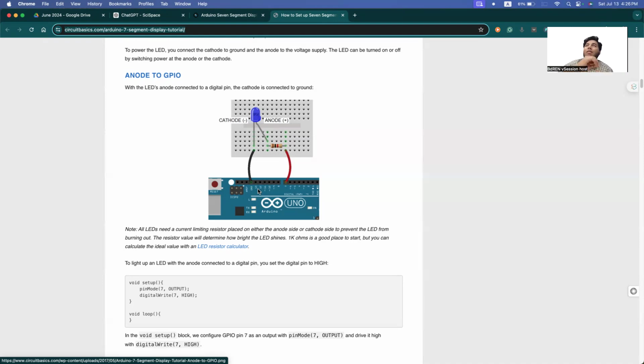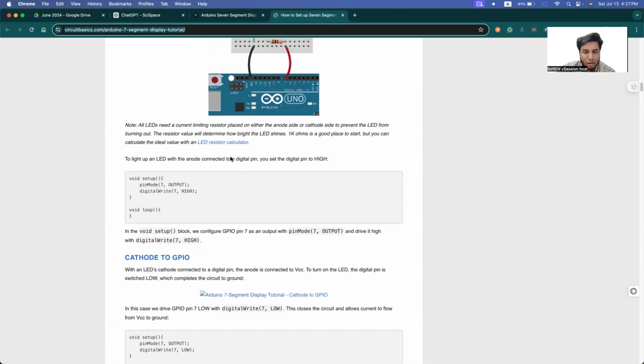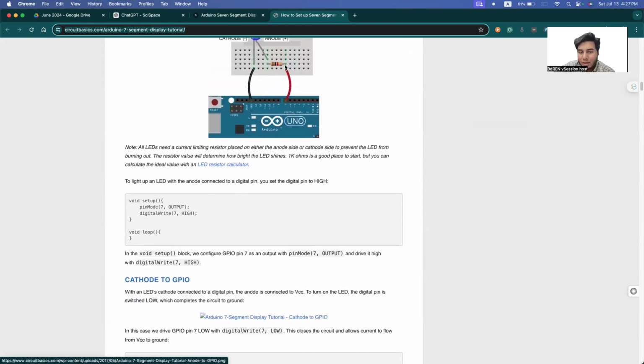How this calculator works is a basic phenomenon that you have learned with Ohm's law: V equals I times R. You have to set the value of R according to the voltage and current the LED consumes, and with that voltage and current you set the particular ohms and find the value of the resistance. Okay, fine. Now you can see that the LED has been connected with the resistor and the Arduino.